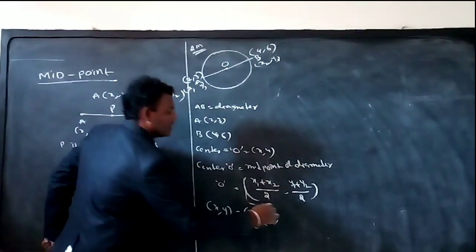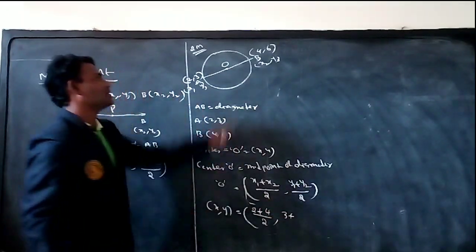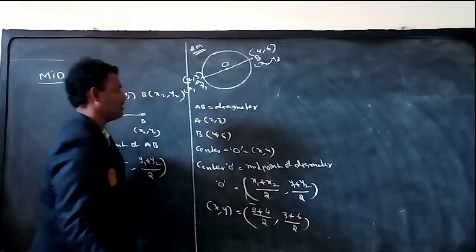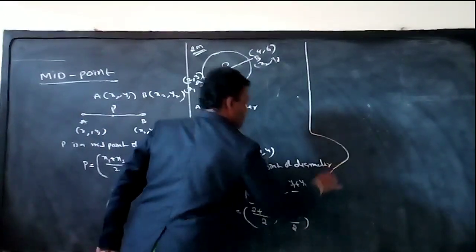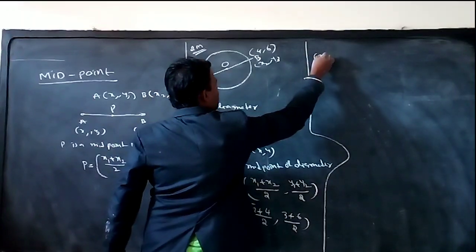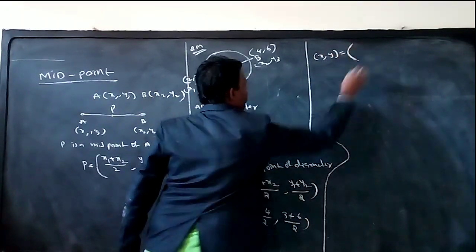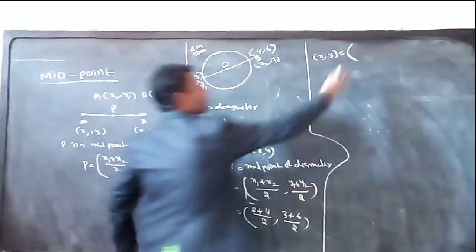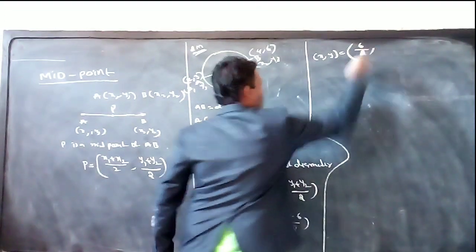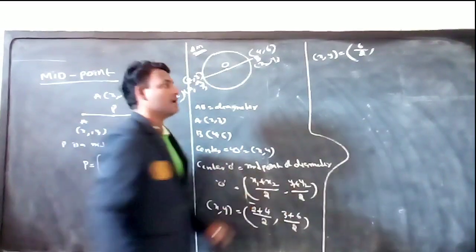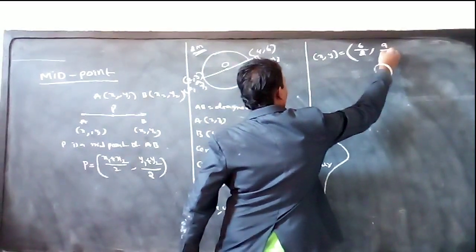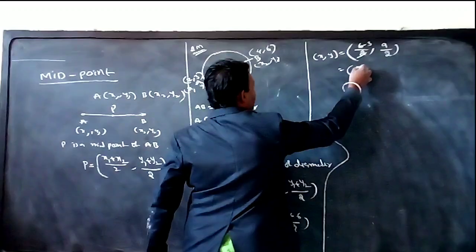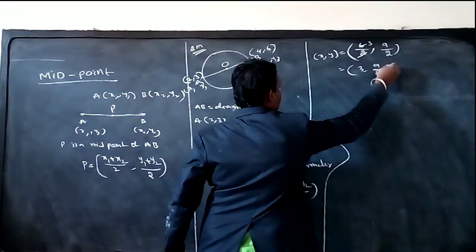Similarly, y1 means 3 plus y2 means 6, by 2. x comma y is equal to 6 by 2 comma 9 by 2. Cancelling, 2 ones are 2, 2 threes are 6, so 3 comma 9 by 2.